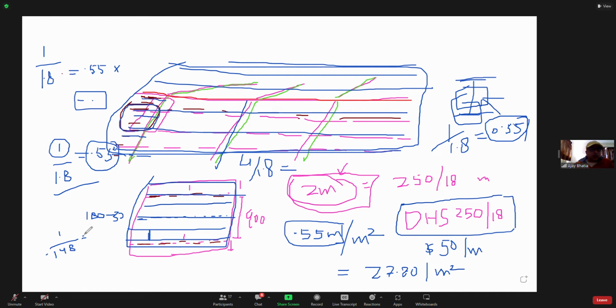1 divided by 0.148 gives you 6.7. That means there are 6 full lengths over there, and the last one is 0.7 of exposure, but it is still the full length you need. So instead of 6.7, you change it to the whole number 7.